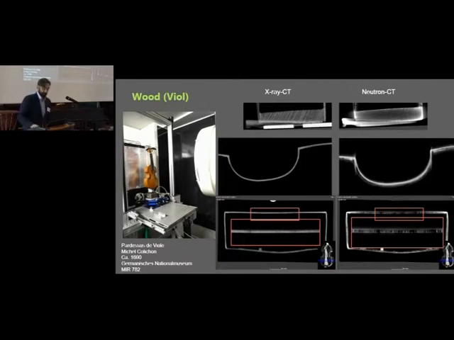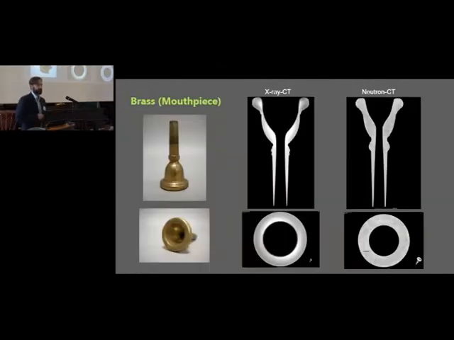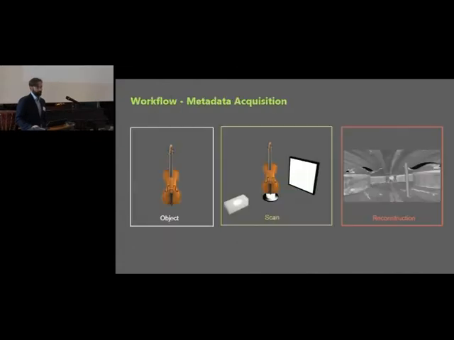So there's also some advantages, but if you use it for brass instruments, you have these hardening effects in the X-ray CT, while you can see in the neutron CT very good the structure of the metal, and you can judge, or you can have a lot of information about the production process.